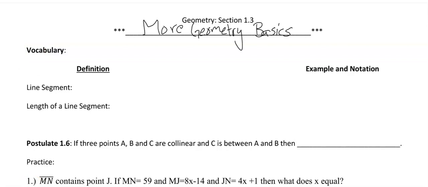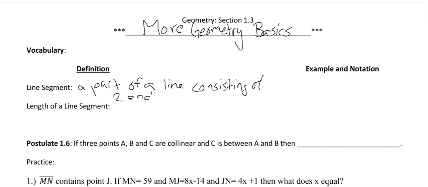I've already come up with a description of what a line segment is. I want to jot that down again. You guys probably remember that it is a part of a line consisting of two endpoints and all points in between.